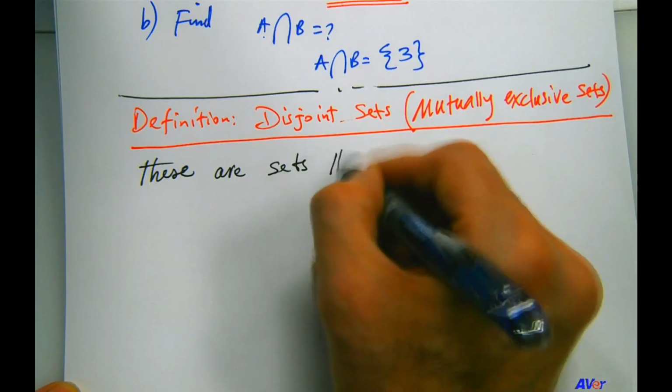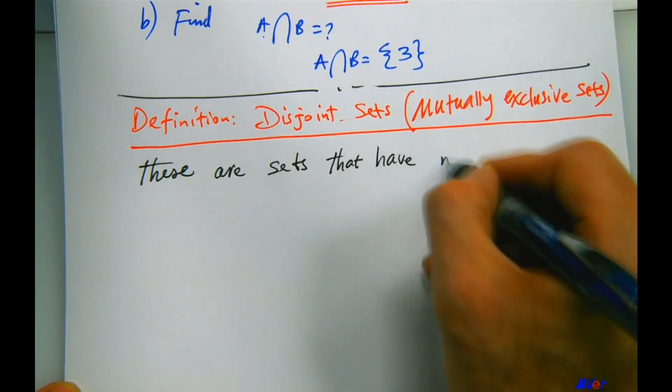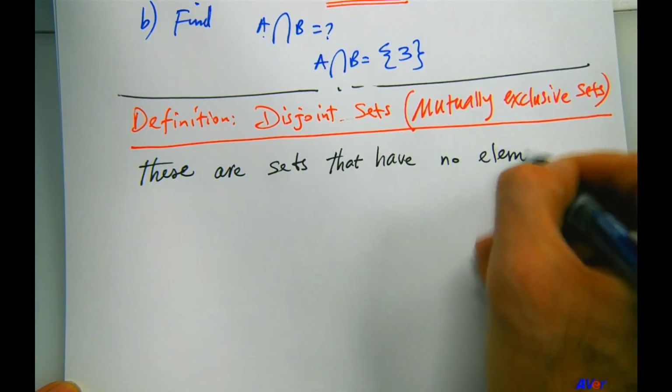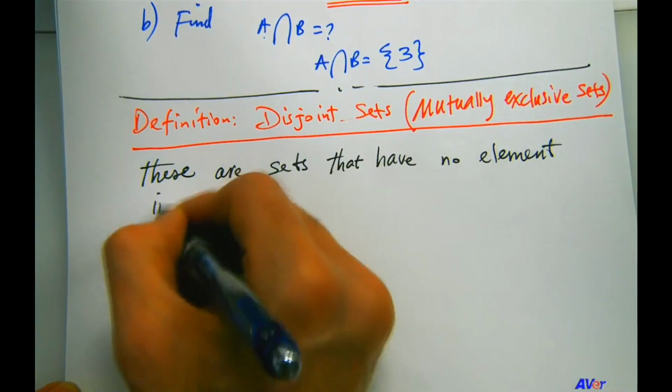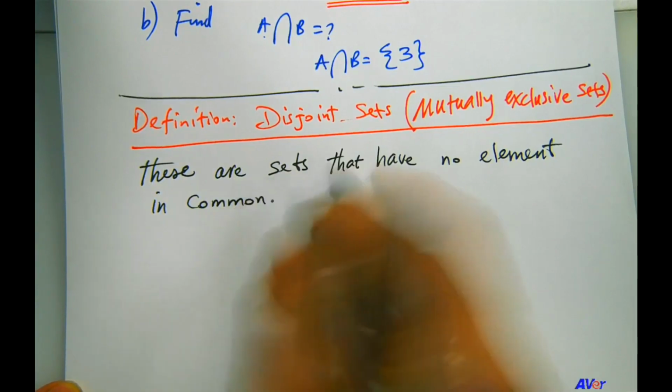So these are sets that have no element in common. Okay?